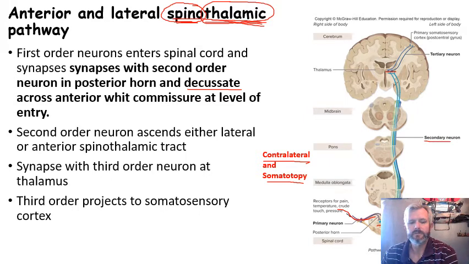We synapse the third neuron at the thalamus, and that third order neuron is going to take the information to the ending spot, the primary somatosensory cortex in the postcentral gyrus of the cerebral cortex. So our somatosensory information goes up to our somatosensory cortex. That is the pathway in which that information will travel up to the brain, so we can get integration on what is actually being sensed. We can get perception of it.